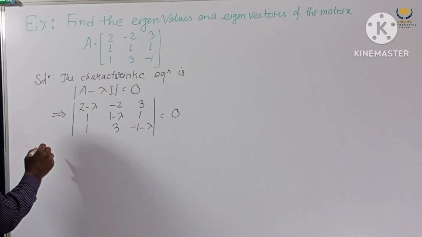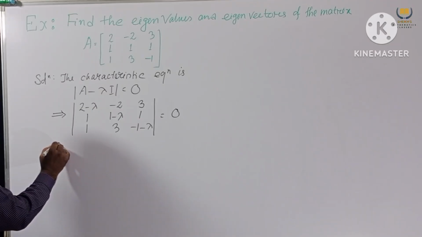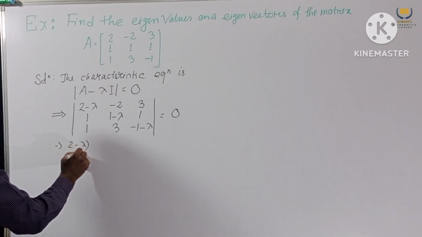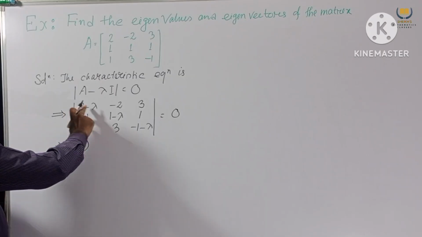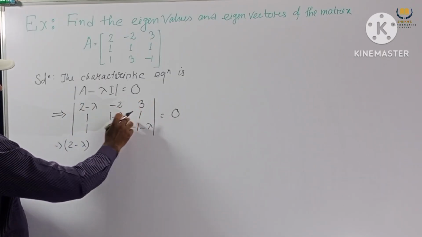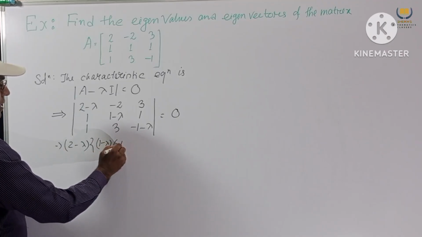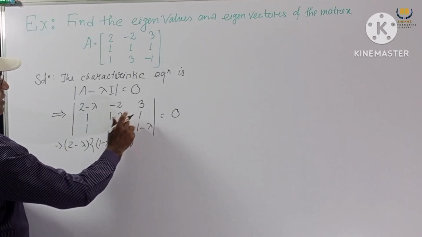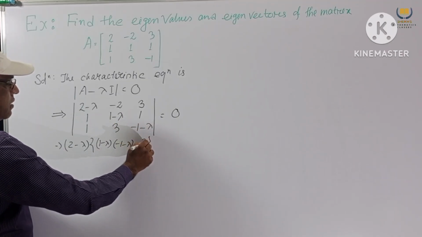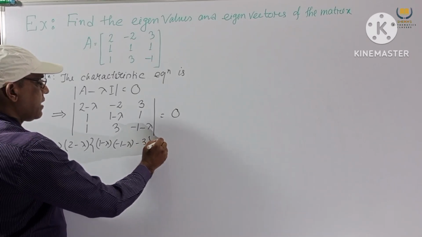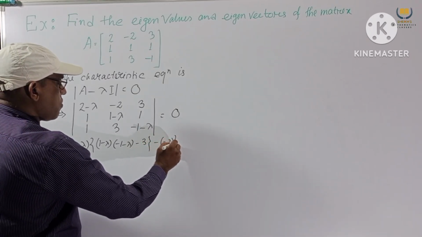Now we expand this one. If we expand along 2 minus lambda, we cancel this row and column, and multiply the rest: we get 1 minus lambda times minus 1 minus lambda, minus 3, and then minus of minus 2.